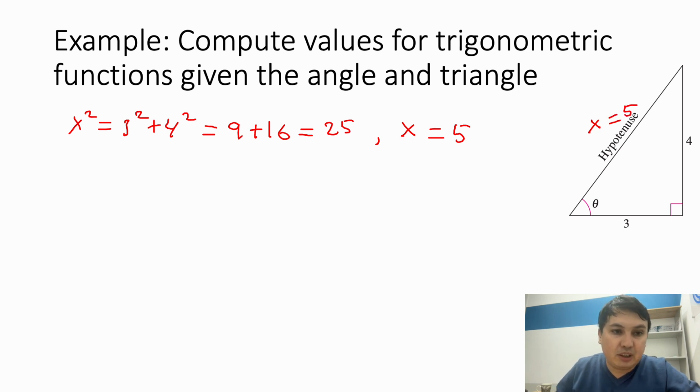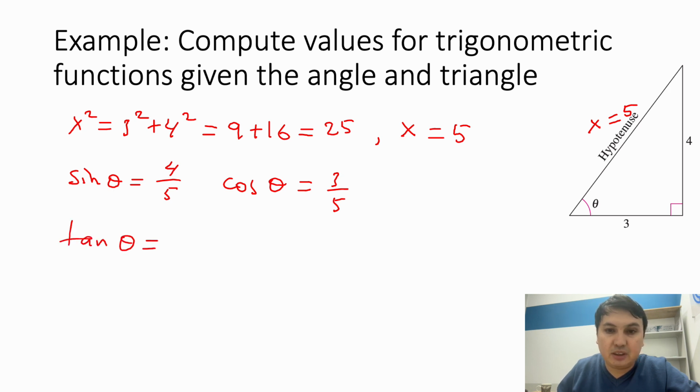Now, what is sine of theta? Sine of theta is opposite divided by hypotenuse, so it's 4 over 5. Cosine of theta is 3 over 5. Tangent theta is opposite divided by adjacent, so 4 over 3. Cotangent theta is 3 over 4.